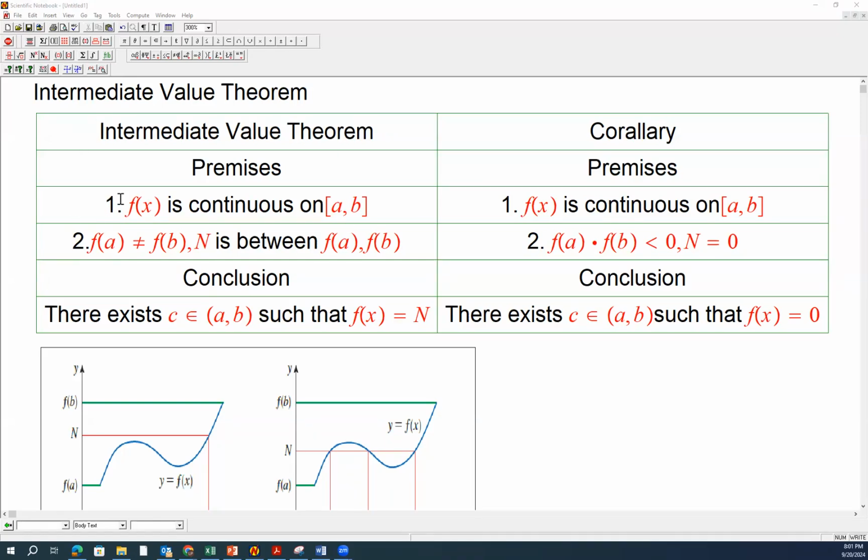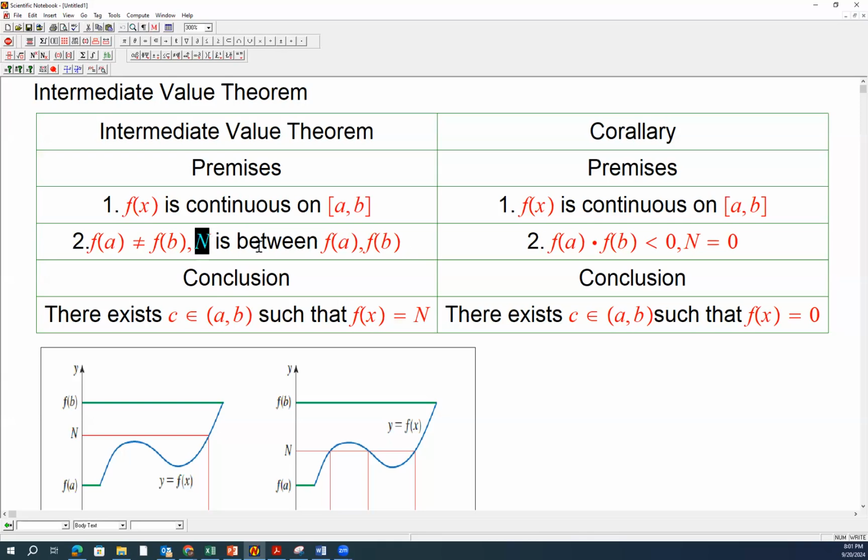In your proof, you must mention that the function is continuous on the closed interval. This must be mentioned. Secondly, you need to demonstrate that f of a and f of b are different values, and n is in between.